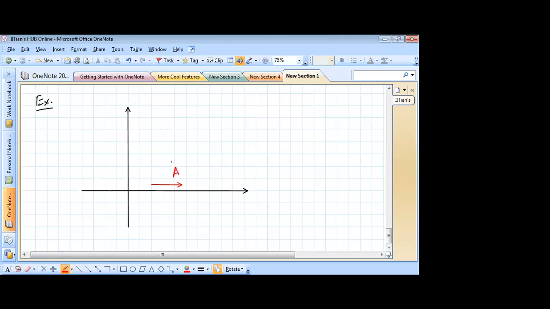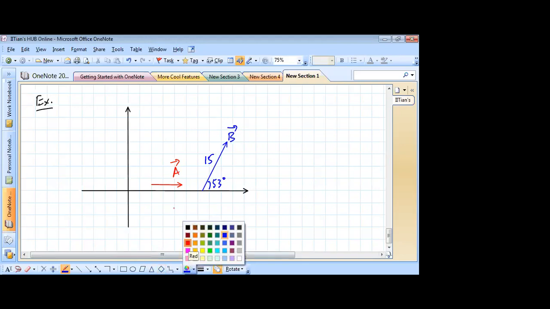This is the vector A, and this is the vector B. Now let us say B has a magnitude of 15, and this angle is 53 degrees, and A has a magnitude of 3.